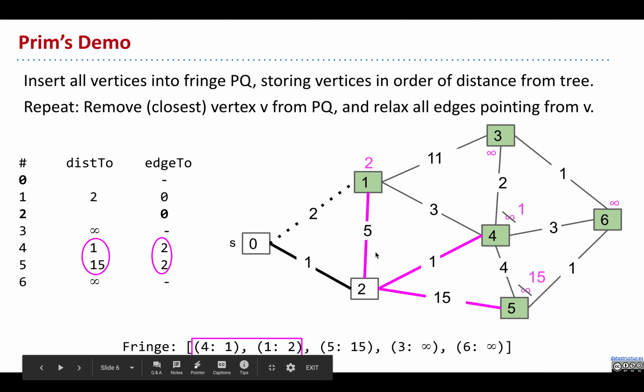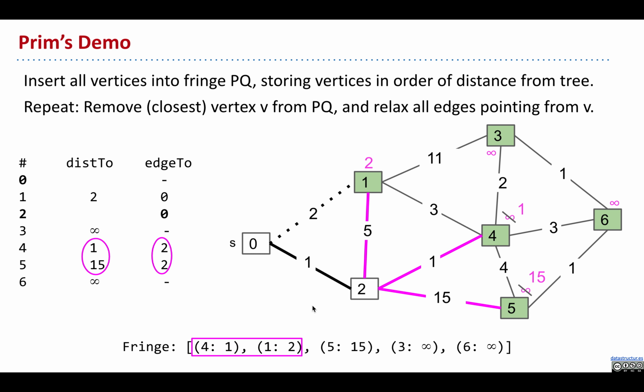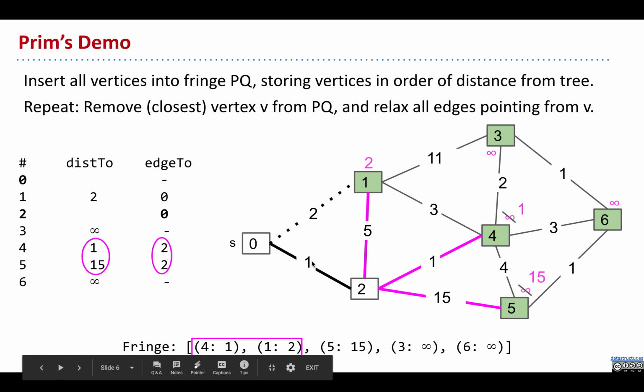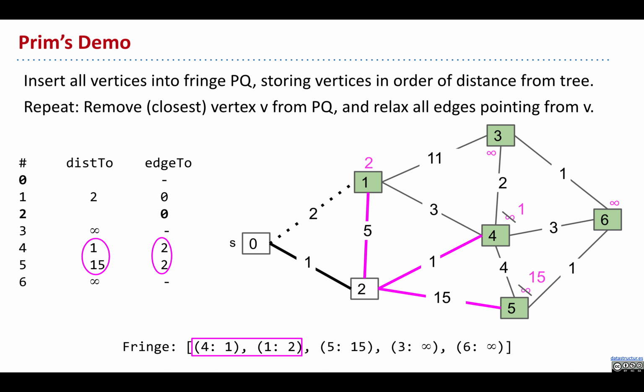All right? So just note that the fringe is not keeping track of the distance to that node. It's keeping track of the distance from the tree so far. So we know that this 4 is actually distance 2 away from the start. So we started at 0, the 4 is distance 2 away. But what we want to know is how far is 4 away from our tree so far.